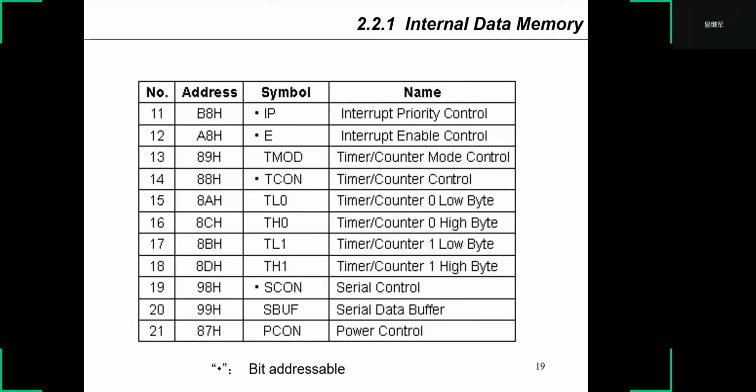If we use the registers to control the microcontroller, which means we just write the command or something to the register.